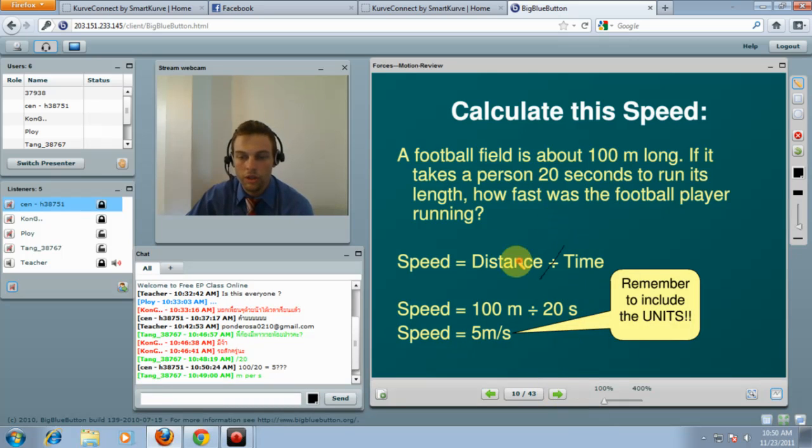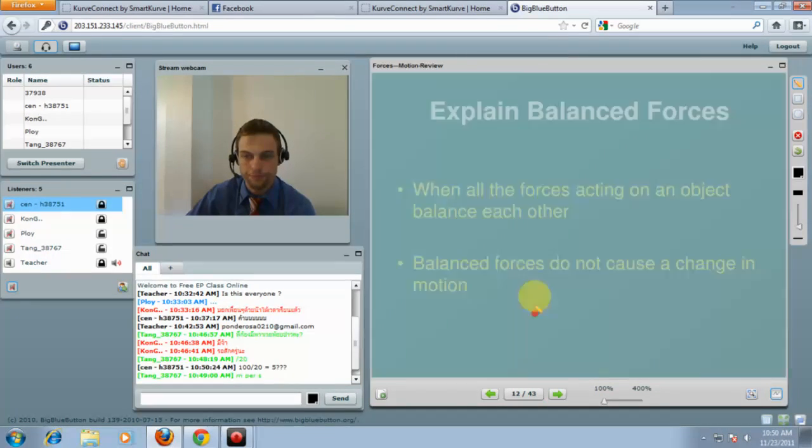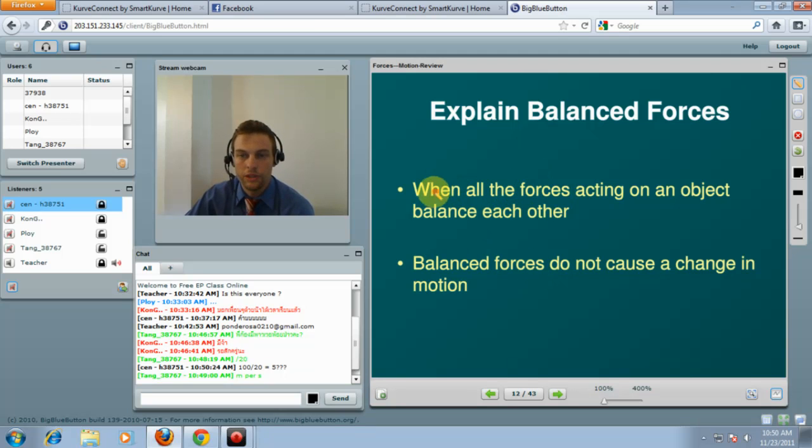Okay, so balanced forces. I talked a little bit about this. It is when all the forces acting on an object balance each other. Without going into too much detail, we have a rock sitting on the ground. There are several forces acting on the rock even though it's not moving.